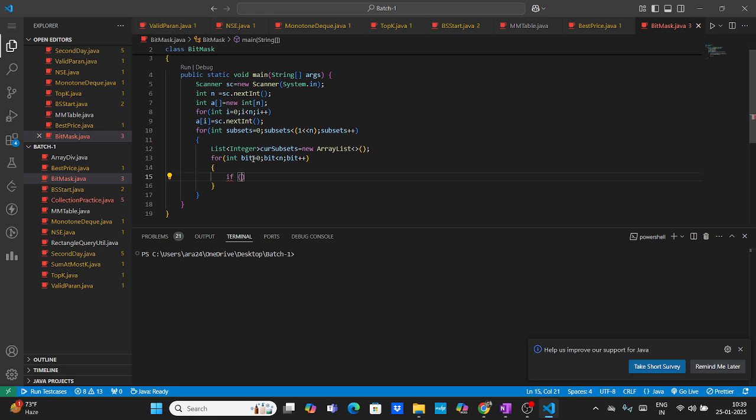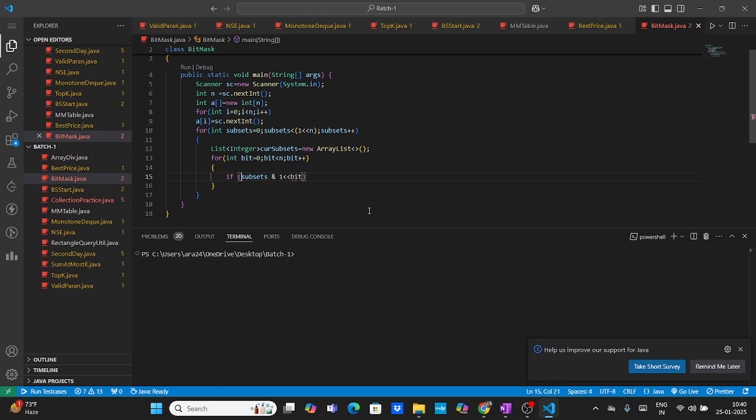Who can tell me this? What should I write in order to check whether a bit is set in subsets or not? It is subset and one left shift of bit.